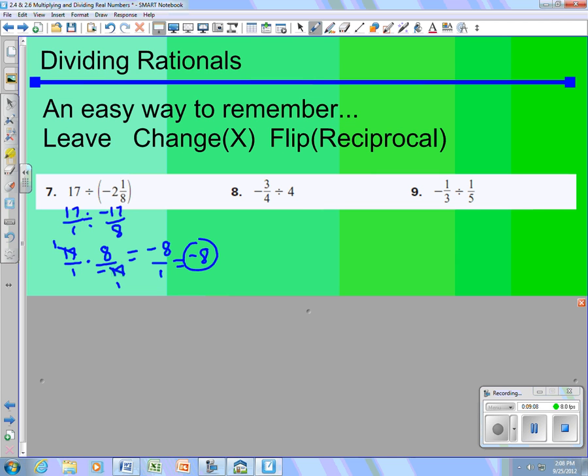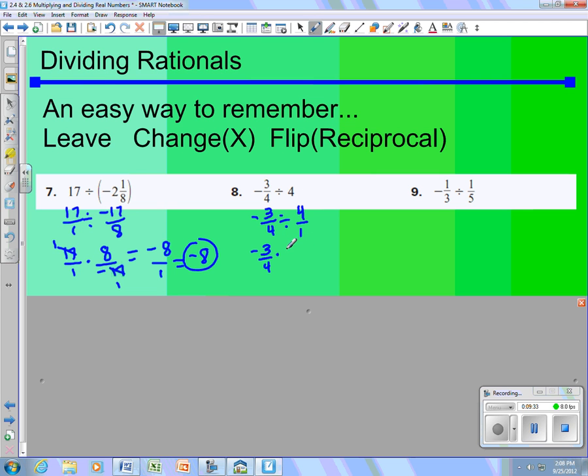All right. Another problem, again, using the same idea. So I want to first write everything in fraction form. So negative 3/4 is a fraction, leave it alone. Divide by 4 over 1. I never do the leave, change, flip until everything's in fraction form. So we're going to leave the first number, change the division to multiplication, and take the reciprocal of 4 over 1.